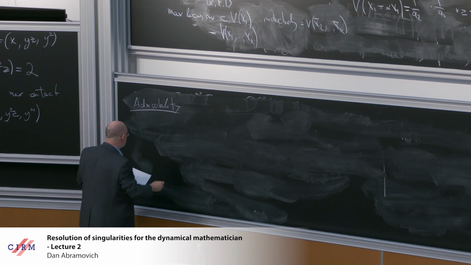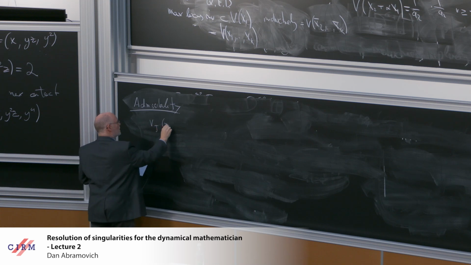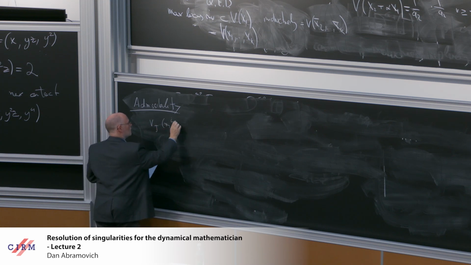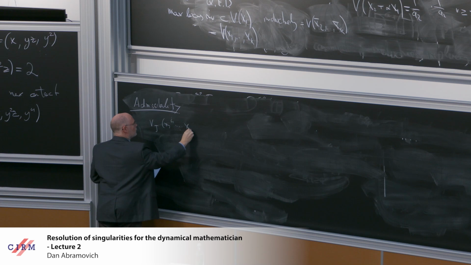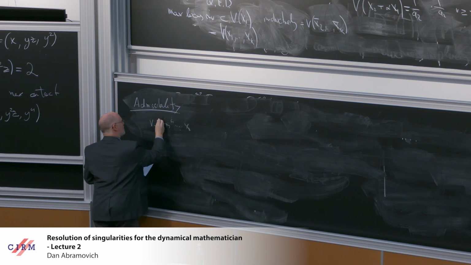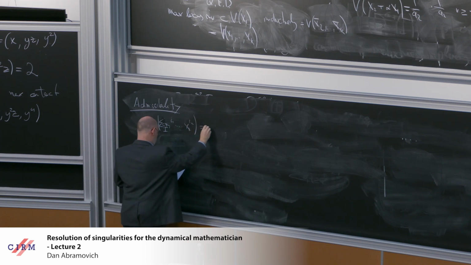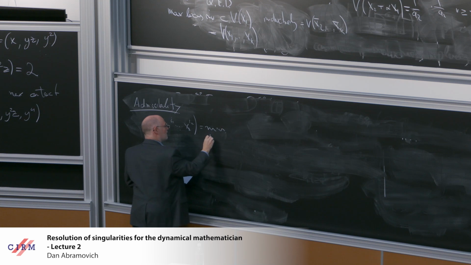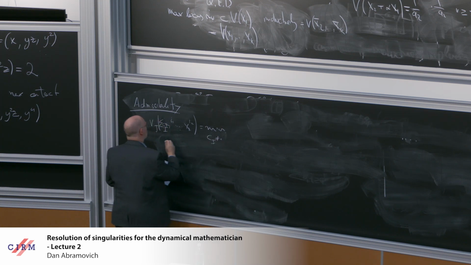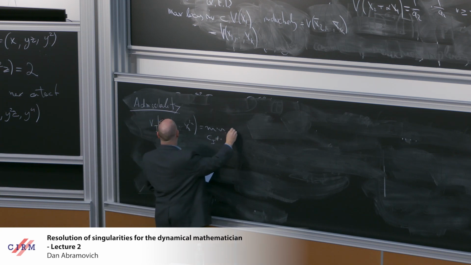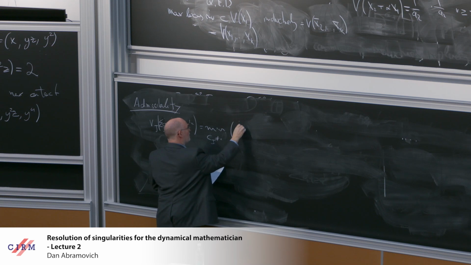So remember that the center is a monomial valuation, so the Vj of a monomial x to the i, in general summation ci x to the i, is the minimum over ci, this is not an ideal, this is an index set, of summation ij over aj.